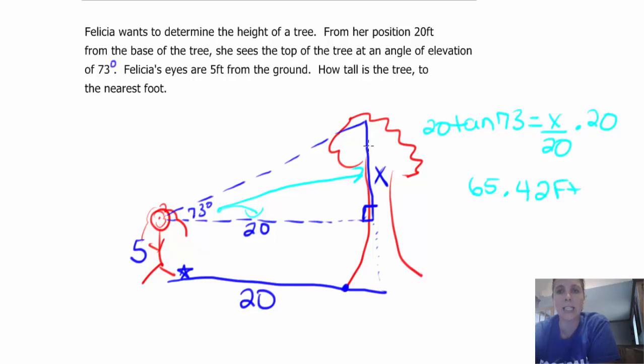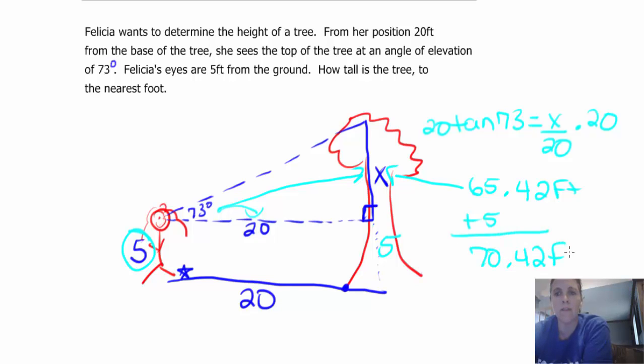Now that's what x is, but it wants the height of the whole tree. So then remember we have to add this 5 in there to come up with the rest. Okay, so plus 5, so 70.42 feet would be how tall the tree is.